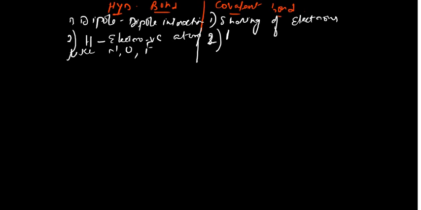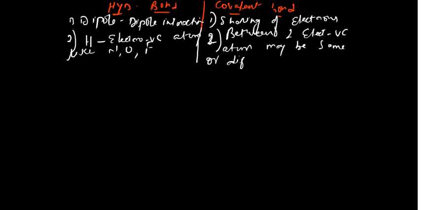Whereas a covalent bond gets formed between two electronegative atoms, which may be the same or different, right.